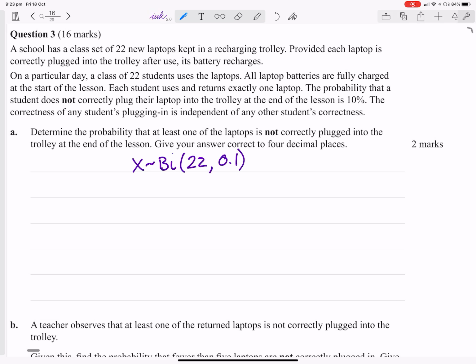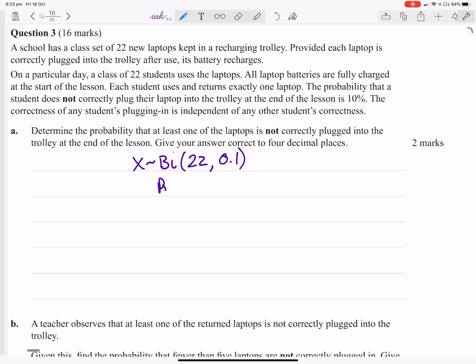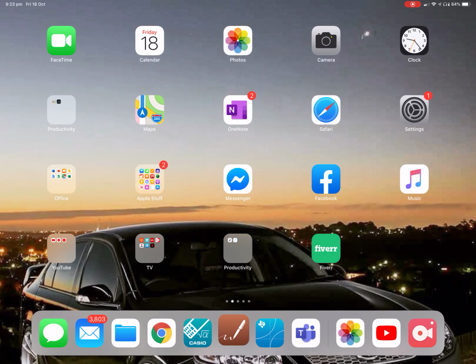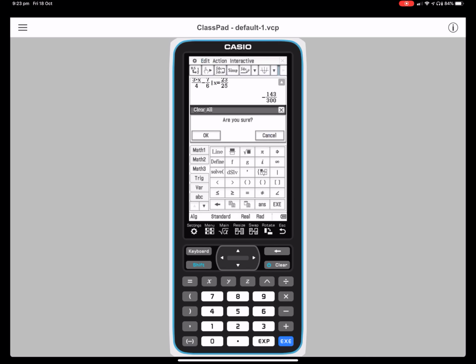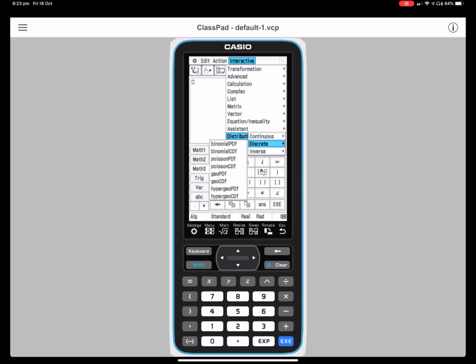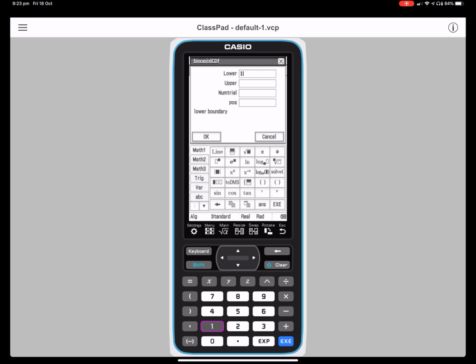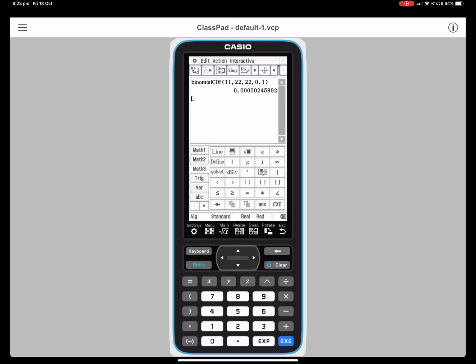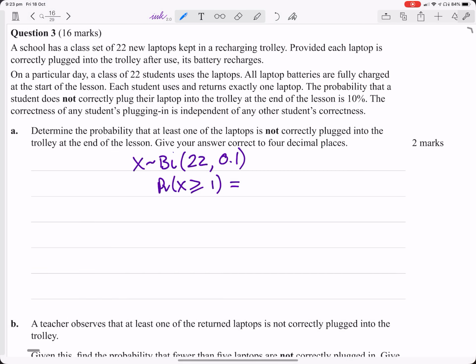The probability that at least one, greater than or equal to 1, is, so let's clear all this, distribution, discrete, binom CDF, 1, 22, 22, 0.1. That's really low. Is not correctly plugged in.